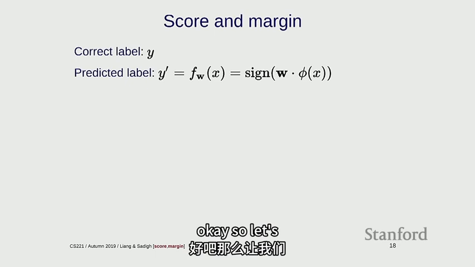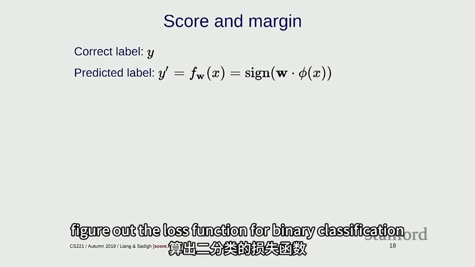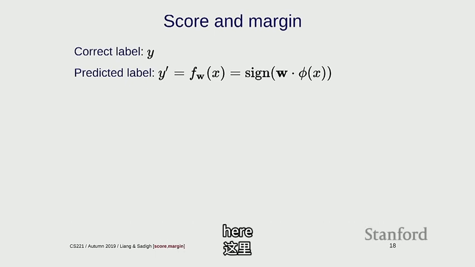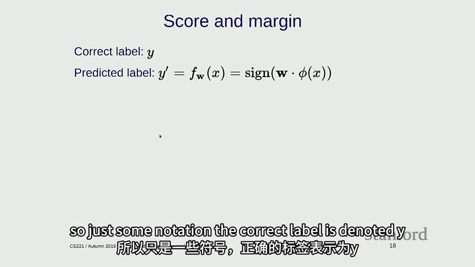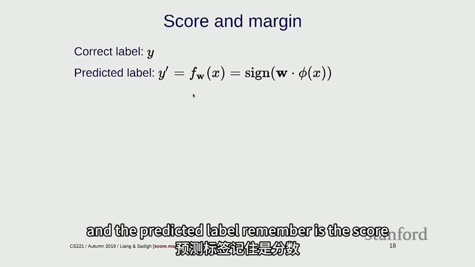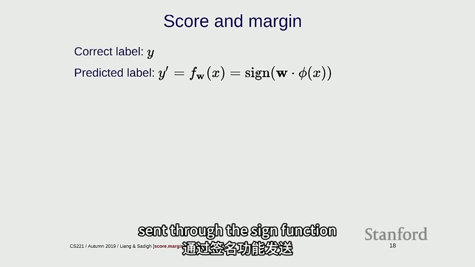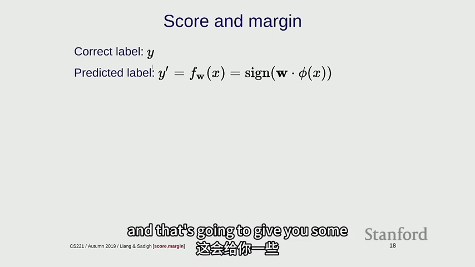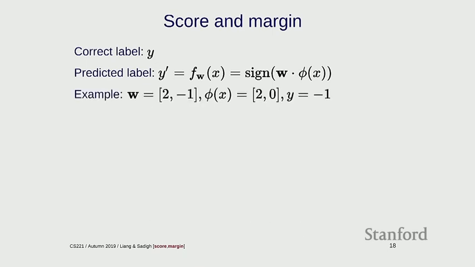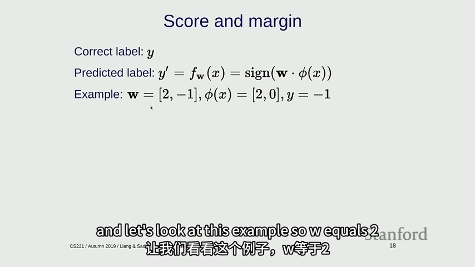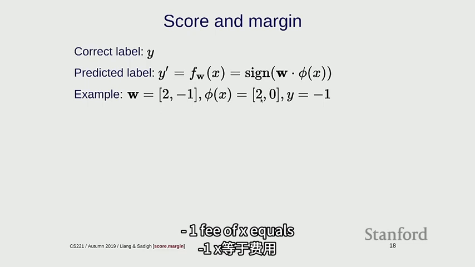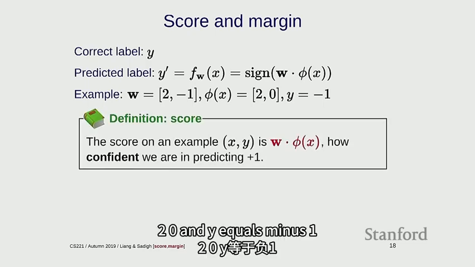Okay, so let's figure out the loss function for binary classification. Just some notation: the correct label is denoted y, and the predicted label, remember, is the score sent through the sign function, which gives you the particular label. Let's look at this example: w equals 2, minus 1, phi of x equals 2, 0, and y equals minus 1.